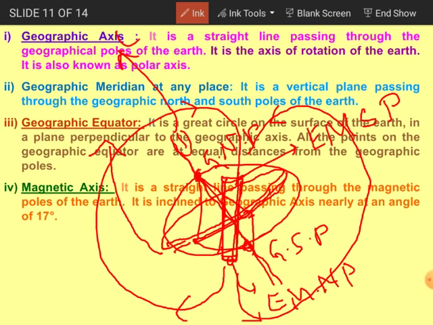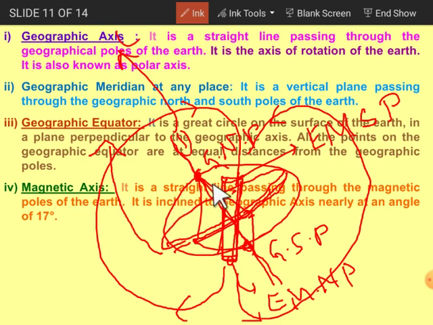The axis passing through the earth's magnetic south pole and the earth's magnetic north pole, we call that axis the magnetic axis. Clear?